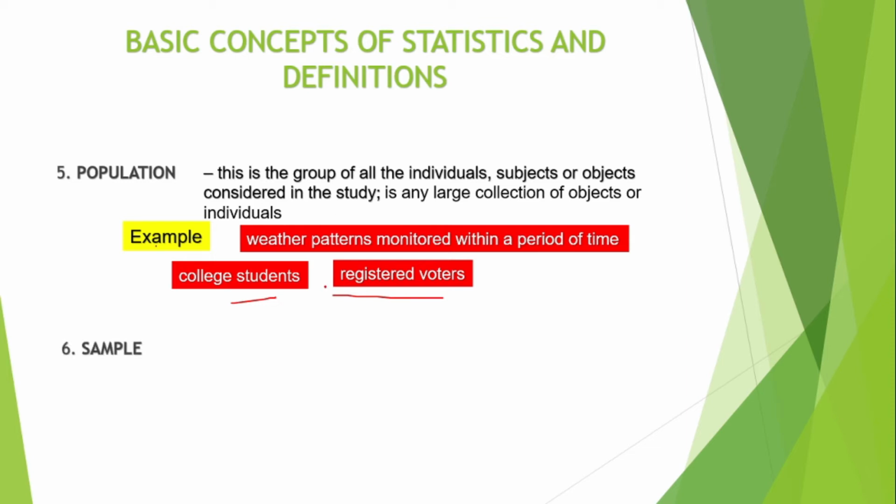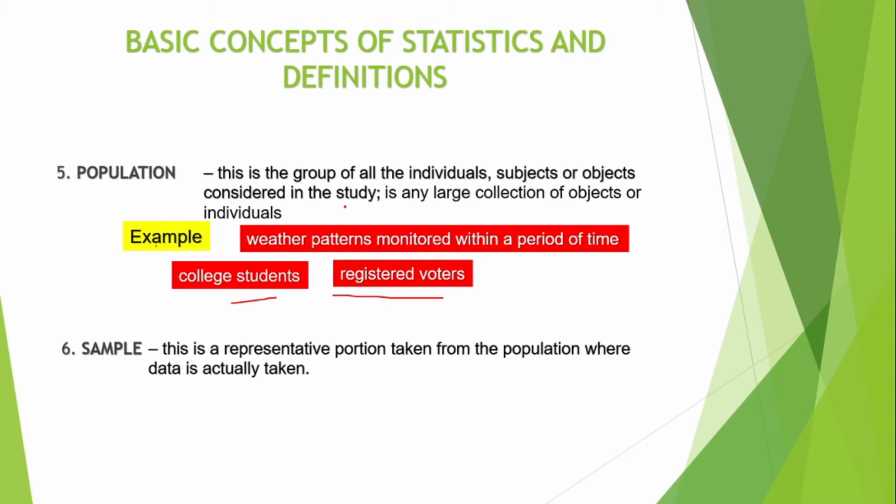And pag sinabi naman nating sample, this is just a representative portion taken from the population where data is actually taken. So, example, freshman students. From college students, di ba meron tayong first year, second year, third year, and fourth year. And sometimes meron pang fifth year. So, in a sample, we just get the first year students.